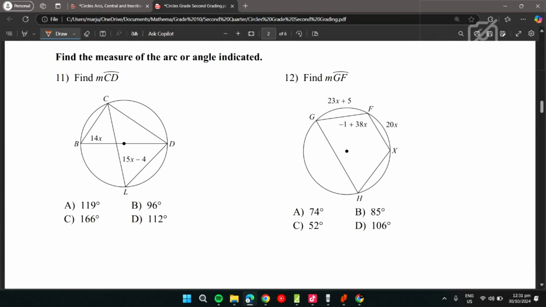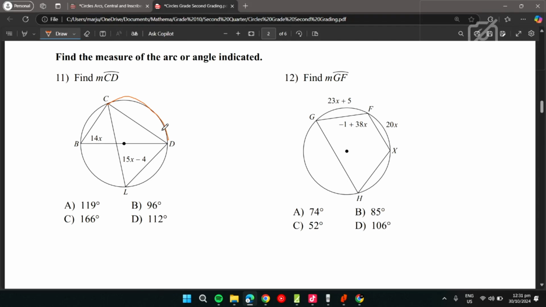Let's do 11. We are asked to find CD. How do you solve for CD?